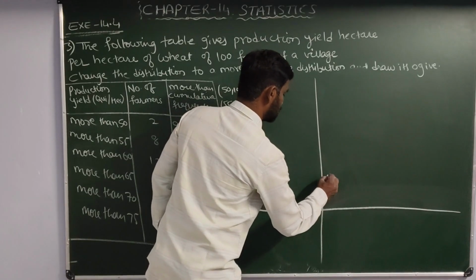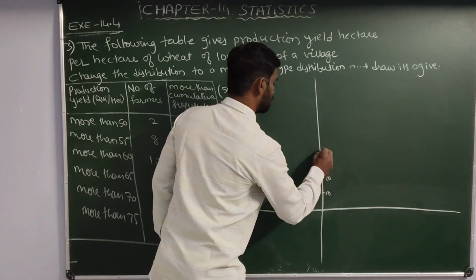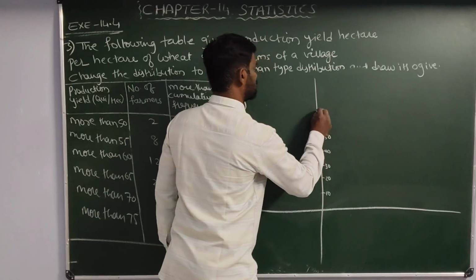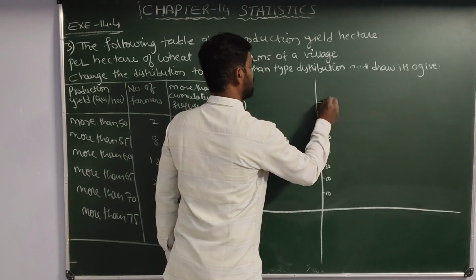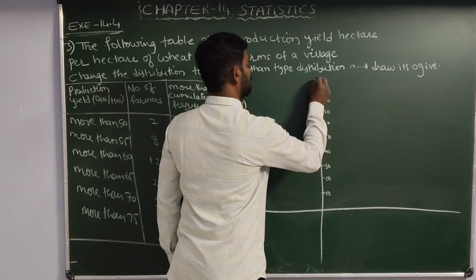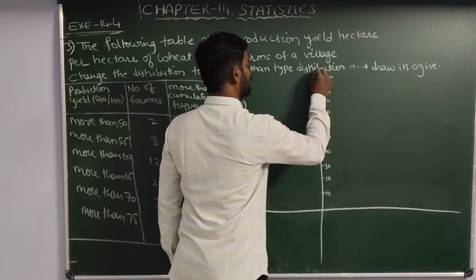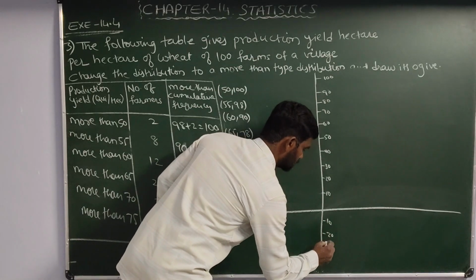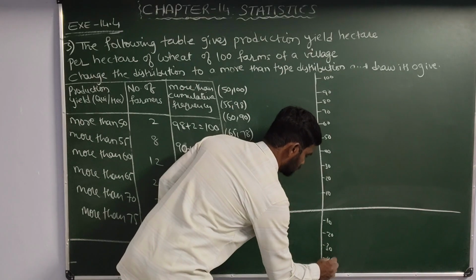On the y-axis, 10, 20, 30, 40, 50, 60, 70, 80, 90, 100, and minus 10, minus 20, minus 30, minus 40.